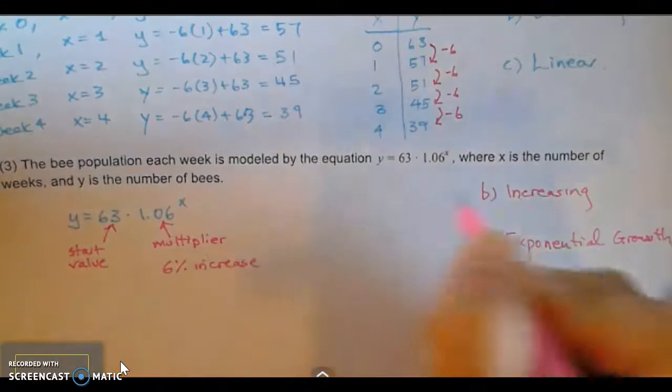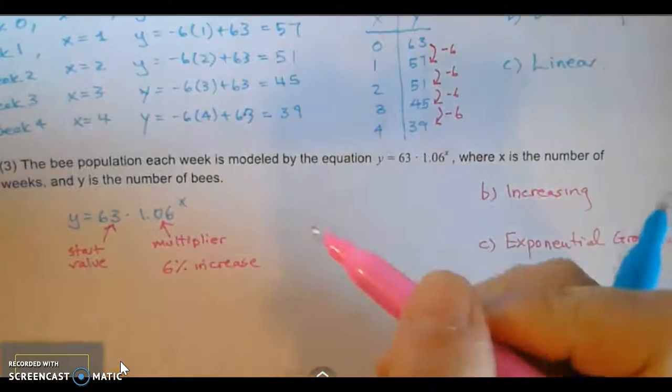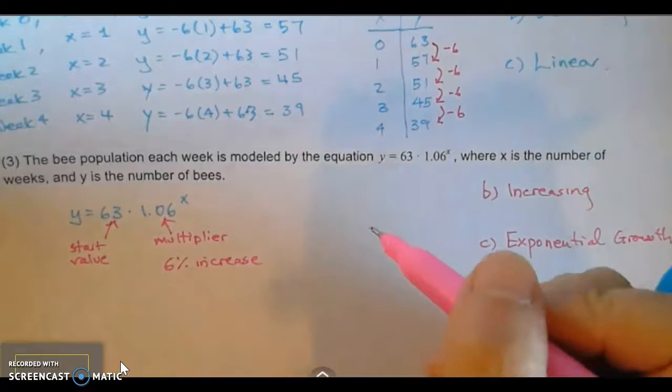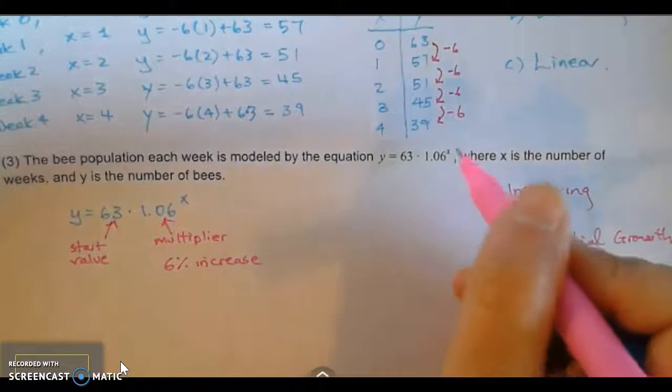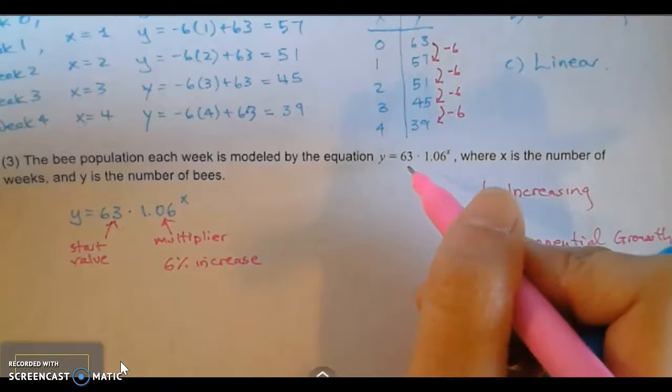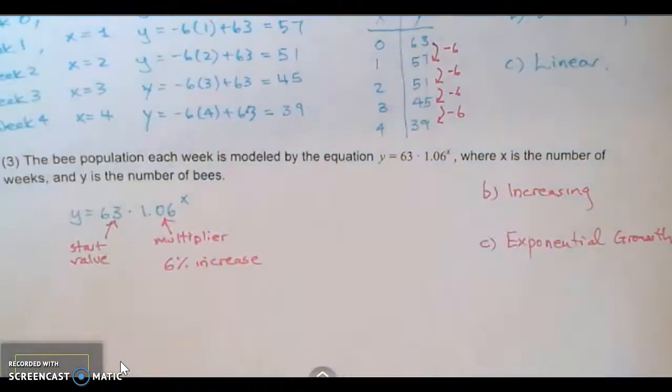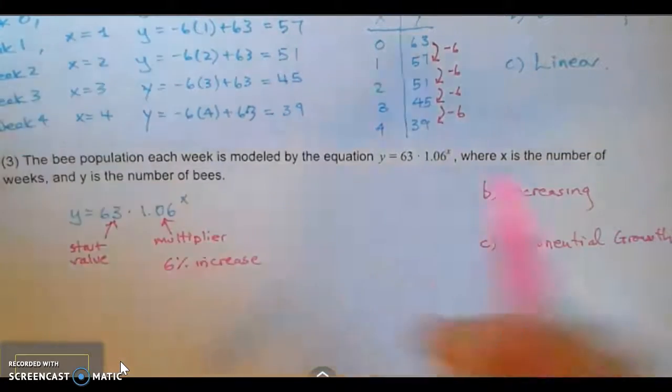So this question could have very easily said the bee population increases by 6% each week. Okay, if that was the case, the equation that would go with this problem would be y is equal to 63 times 1.06 to the power of x, provided that we are told that the initial value is 63.